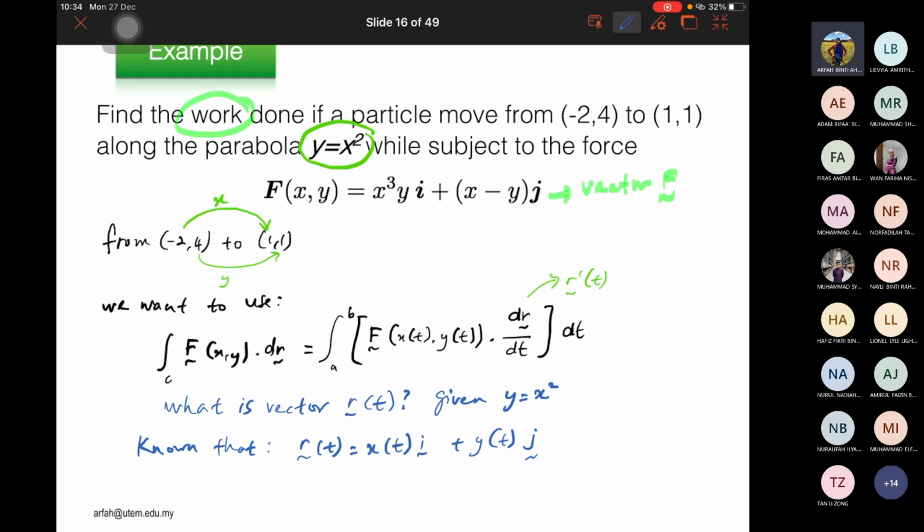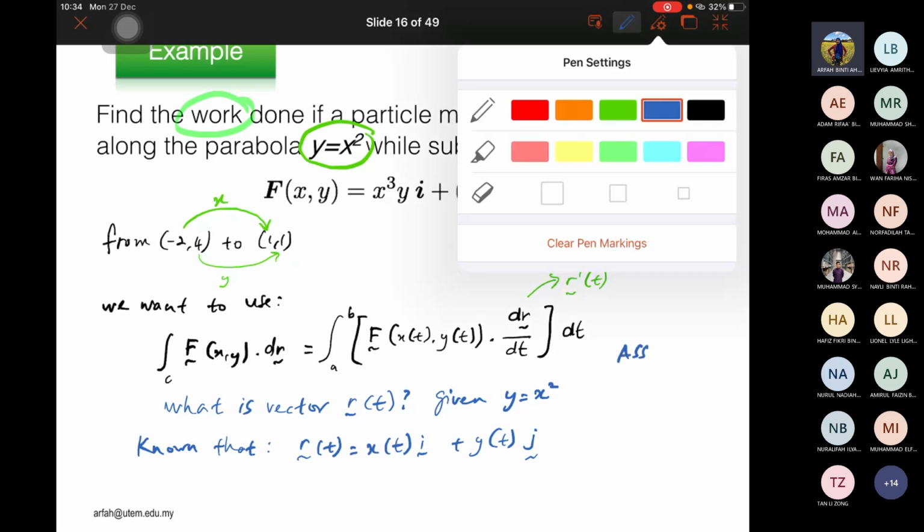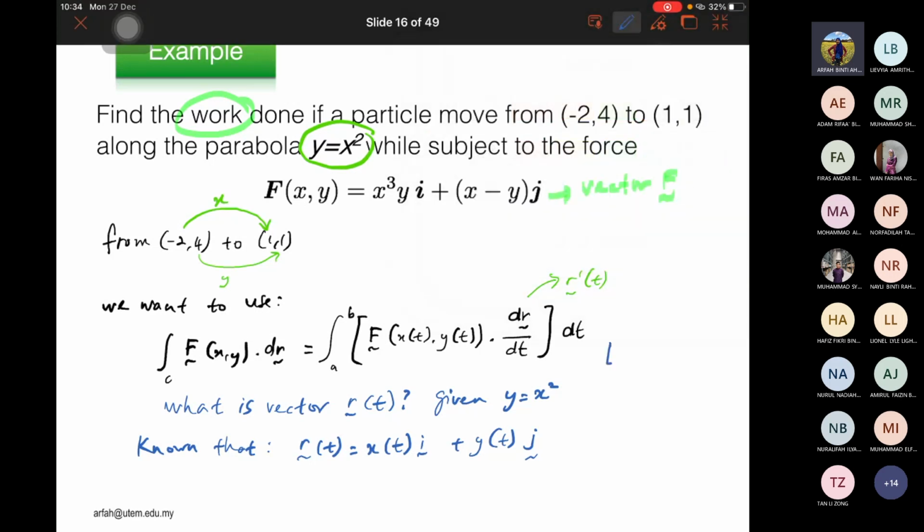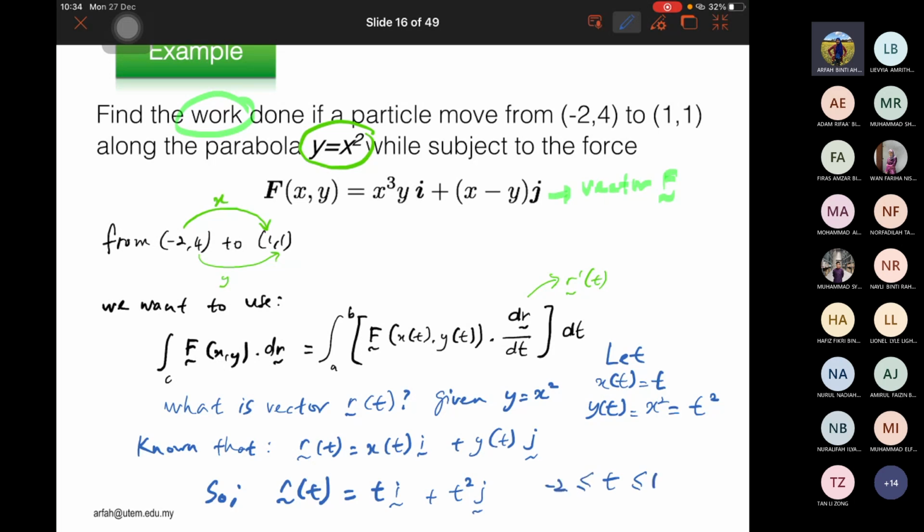Okay, so in this case, let x(t) equal to t. So y(t) will be equal to x squared, equal to t squared. So vector r of t will be equal to t i plus t squared j, where t is between negative 2 and 1.